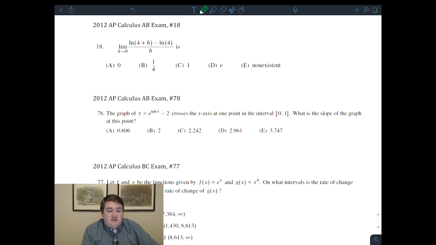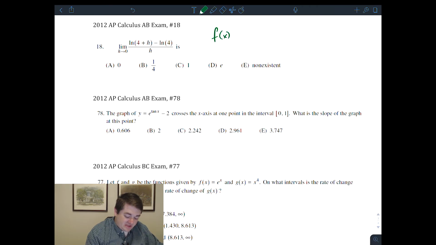2012 AB number 18. Limit as h approaches 0 of the natural log of 4 plus h minus the natural log of 4, over h. I see this limit as h approaches 0, so I'm immediately thinking about the limit definition of the derivative. Is this f of x plus h minus f of x over h? Kind of.